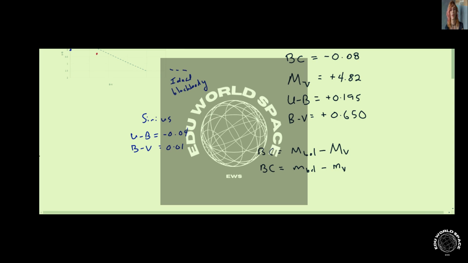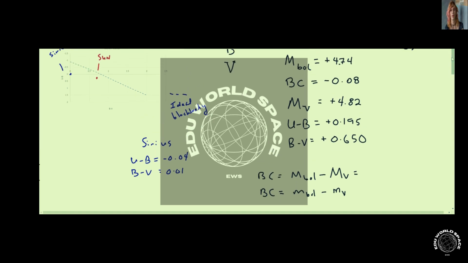And remember that apparent means seen from Earth, whereas absolute means seen from 10 parsecs away. We've already seen that the bolometric correction works for the sun with the absolute magnitudes.